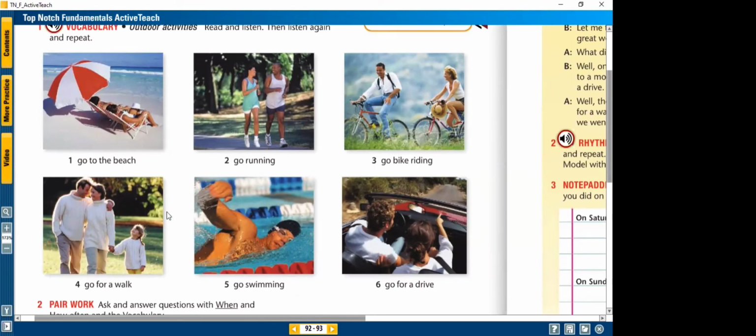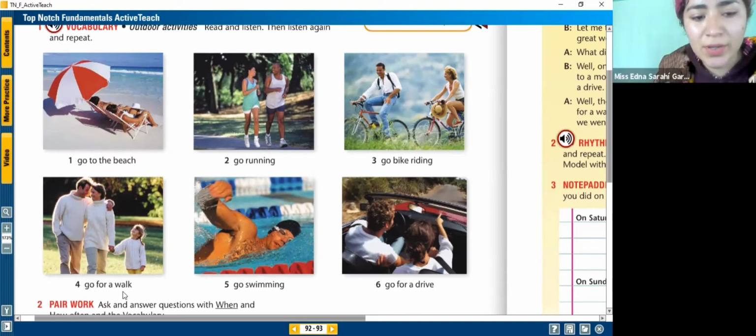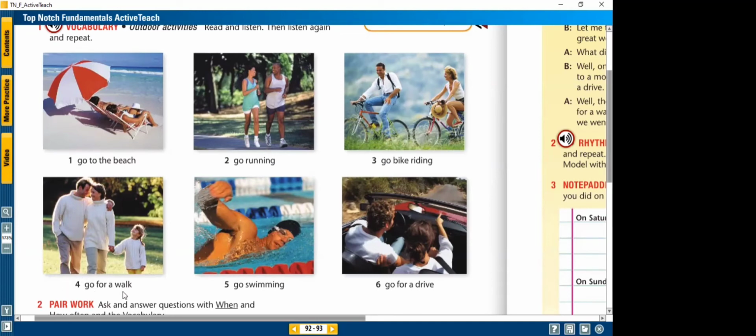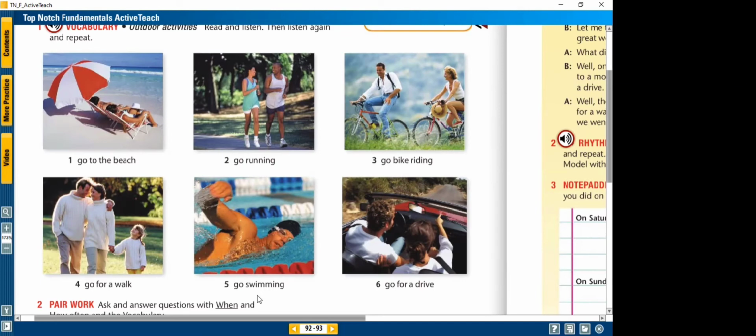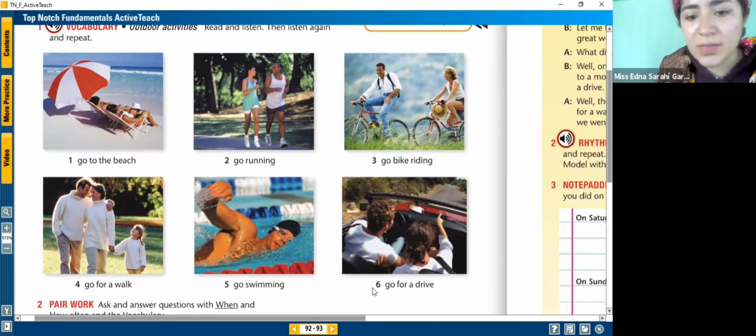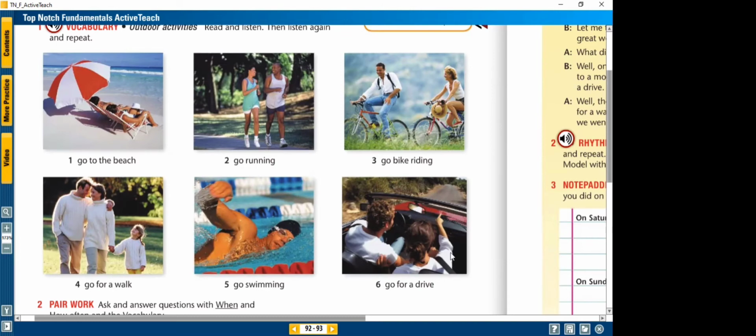Go bike riding. Okay, Lilian, number 4. Go for a walk. Okay, Dania, number 5. Go swimming. Thank you. And Lilian, the last one. Go for a drive. Thank you. Okay.